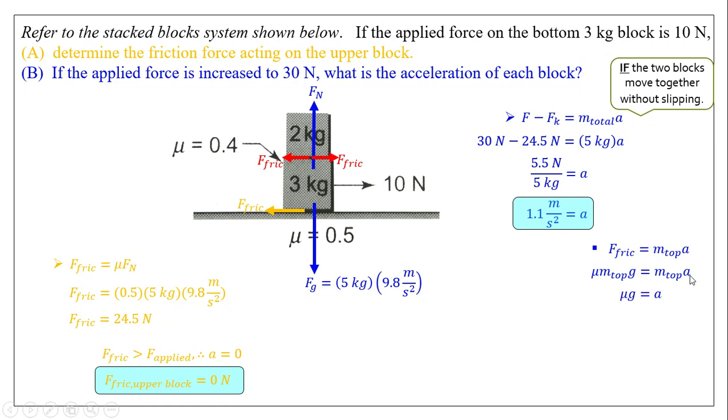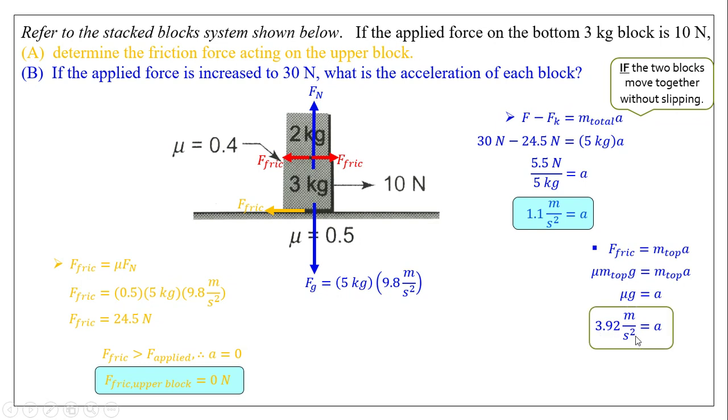The mass on top cancels out because it appears on both sides. So to find the acceleration of the top block, I can just multiply mu and g together. Mu is given in the diagram as 0.4, and 0.4 times 9.8 is 3.92.